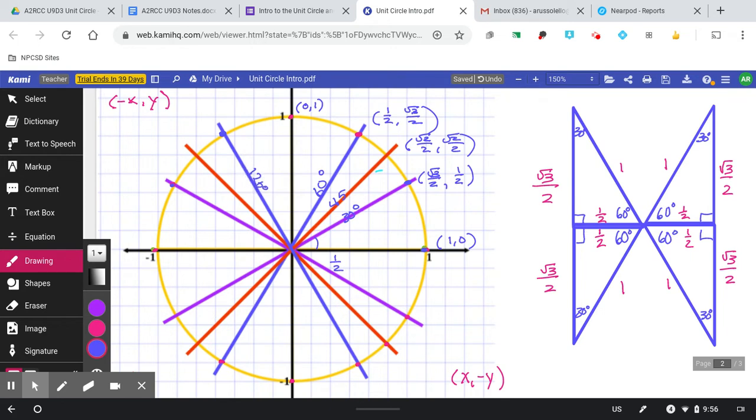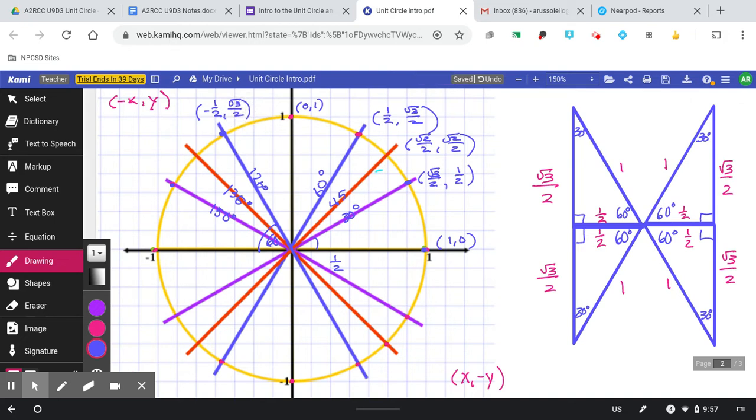120 degrees, and then 135 degrees, and 150 degrees. Well, for 120, the reference angle is 60. Okay, so since the reference angle is 60, that means the x value is 1/2. But the x value is negative here, so it's negative 1/2 and radical 3 over 2.